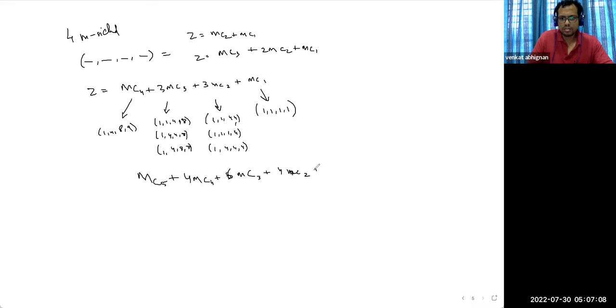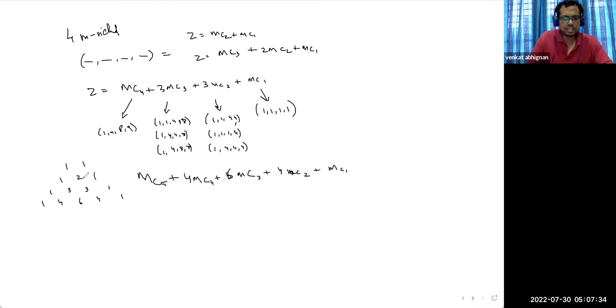Oh, sorry. This is nothing but something like the Pascal's triangle, which is happening here, if one tries to observe it carefully. So what is this? Pascal's triangle.